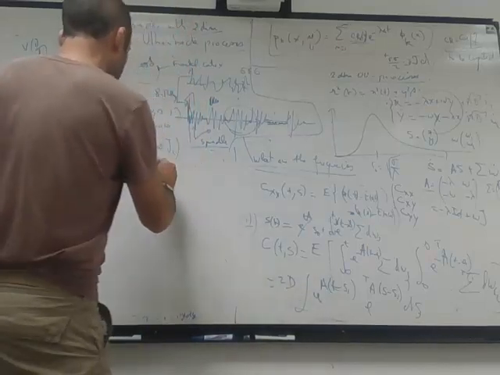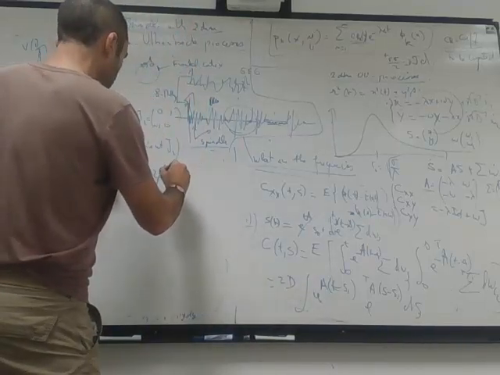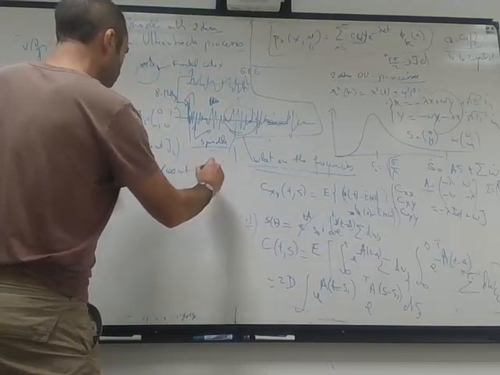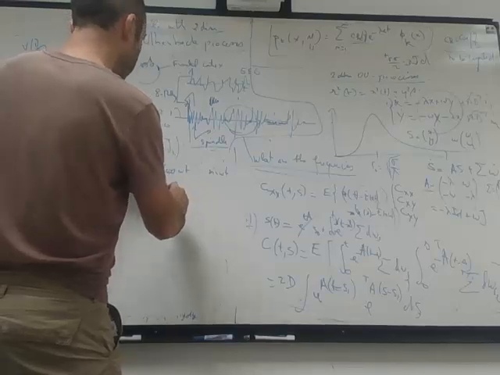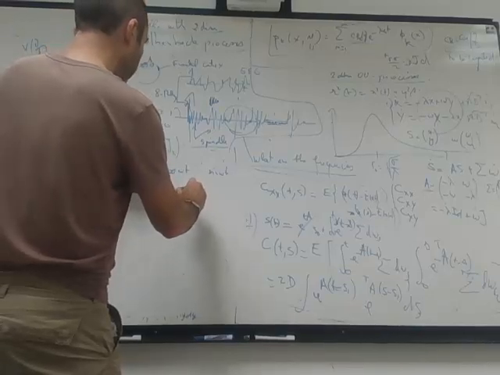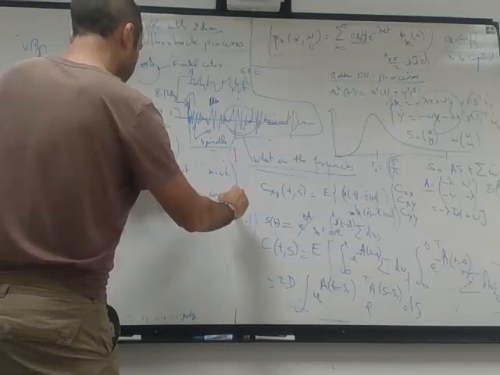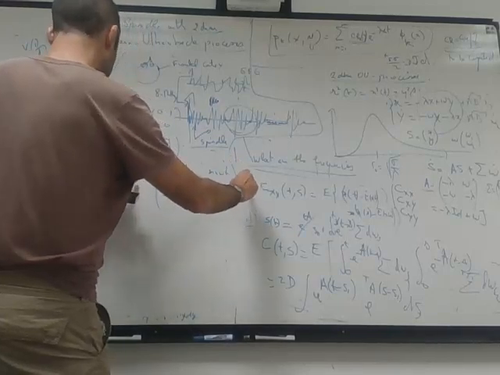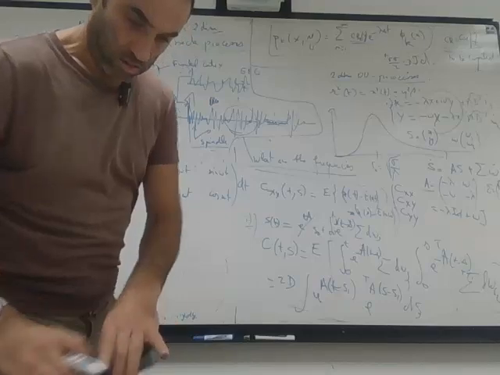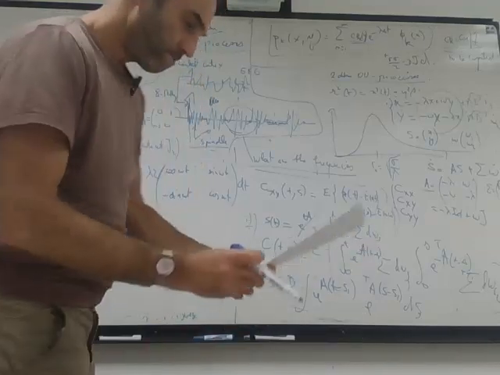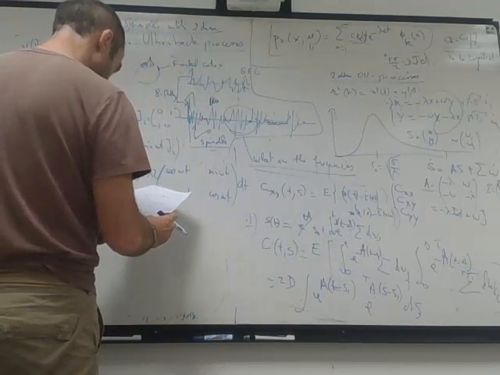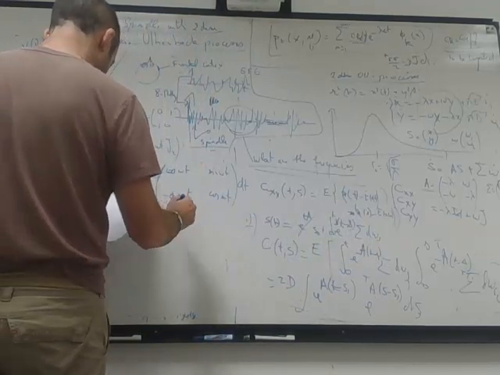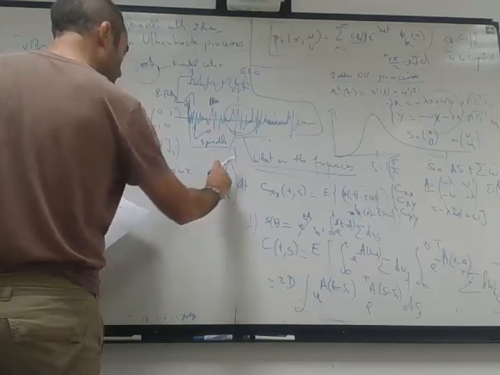So it's cosine omega t. It should be sine omega t. And J2 is minus sine omega t, cosine omega t. And you have to integrate dt to sigma minus lambda tau. Sorry, this is a tau.